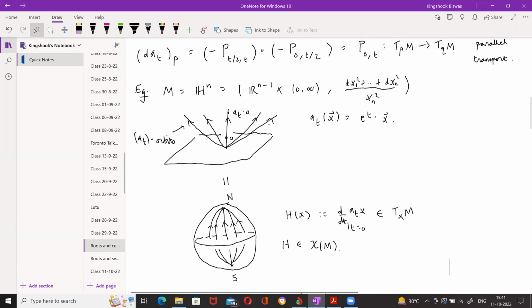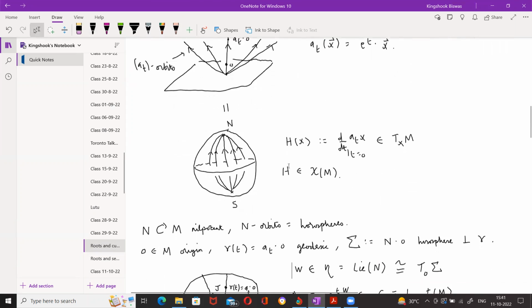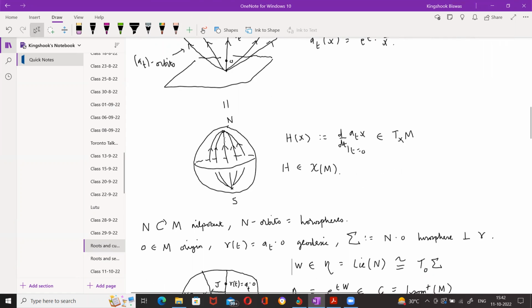If I look at it in the ball model, exactly one orbit is a geodesic from the North Pole to the South Pole. All the other orbits are not geodesics; they're some curves from North Pole to South Pole. Is this clear? Yes. Okay.